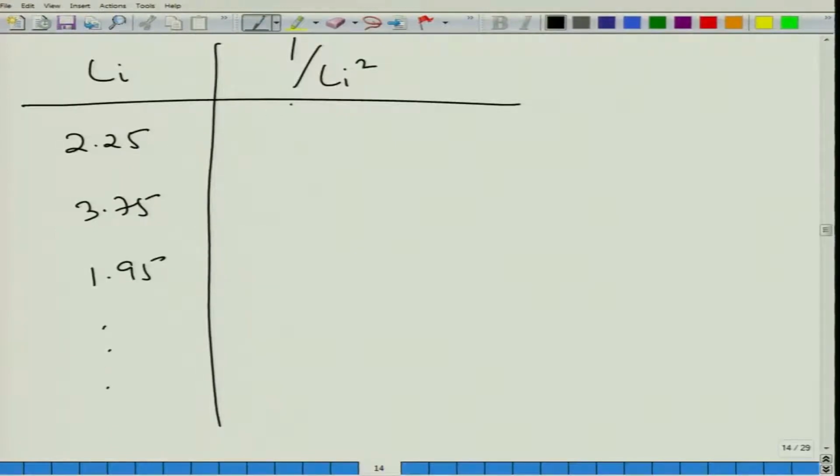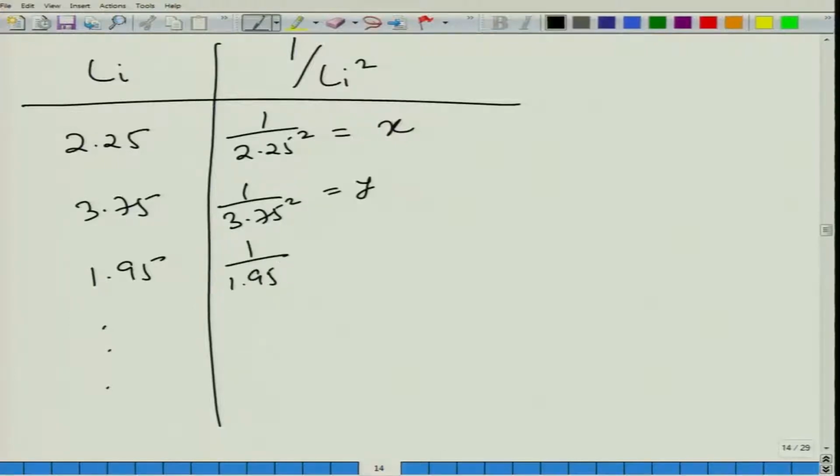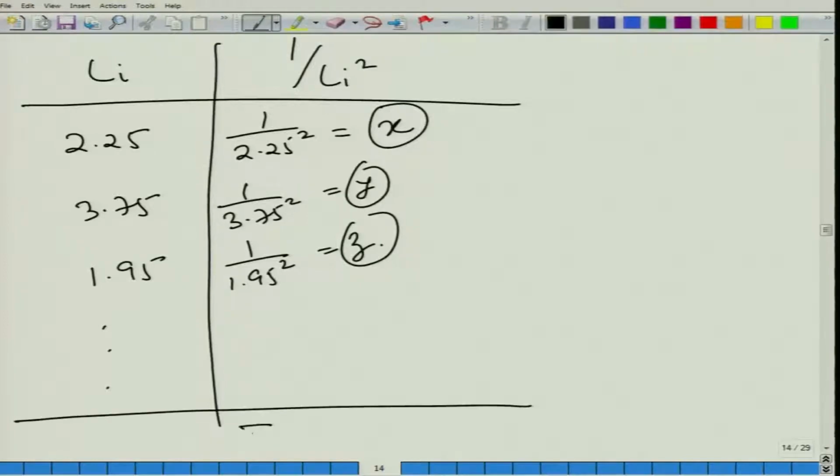So, now 1 over Li square is 1 over 2.25 square, we will get a value, say it is x. Here we have 1 over 3.75 square, let us call it y. Here we have 1 over 1.95 square, let us call it z. And then once we have calculated all these values x, y, z and so on, then we will calculate the sum of 1 over Li square, which is given by the sum of these values.